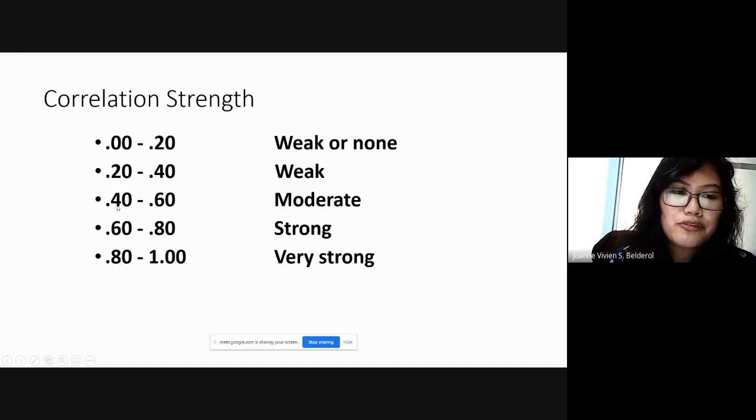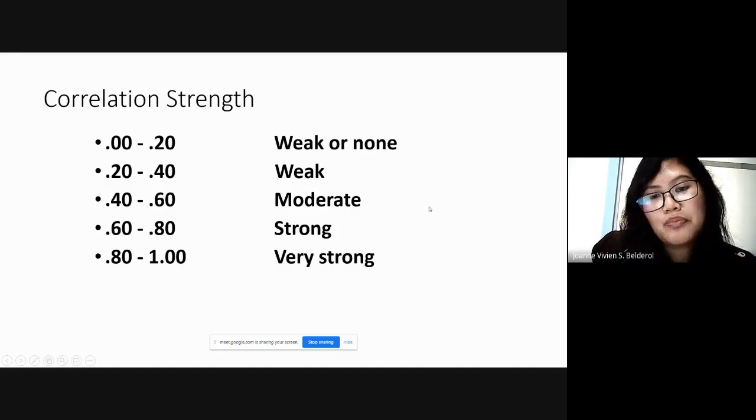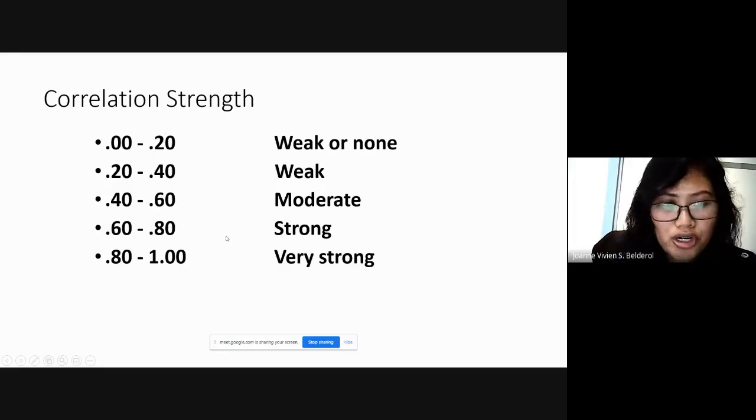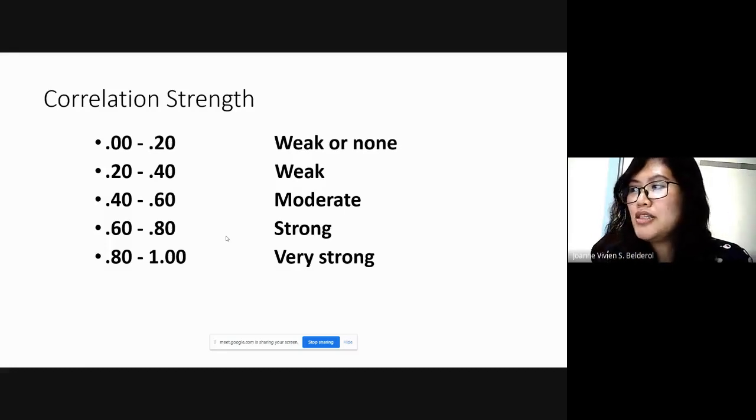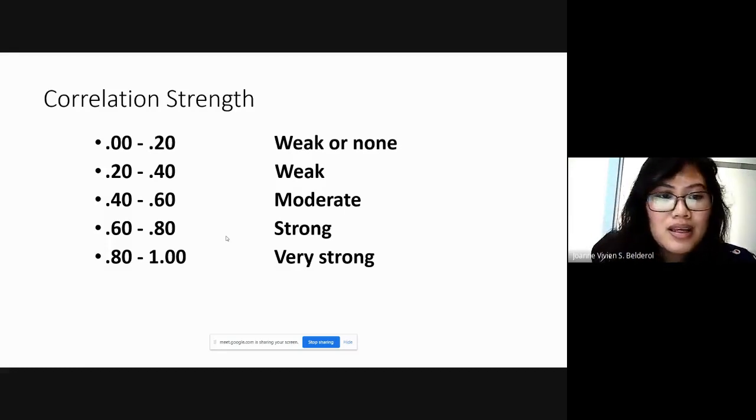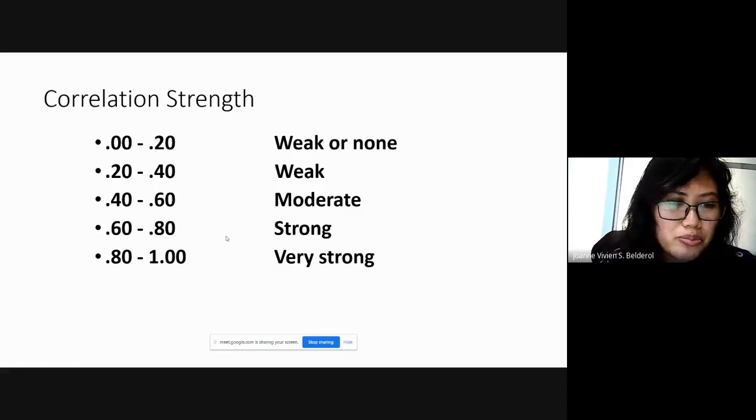And then pag 0.40 to 0.60, it's moderate. 0.60 to 0.80, strong relationship. Pag 0.8 to 1, very strong. So same gihapon siya pag negative ang values. Just the same, if you have, for example, negative 0.4, what is the strength? Negative 0.4, what do you think? What's the strength? If negative 0.4 inyong na-compute.